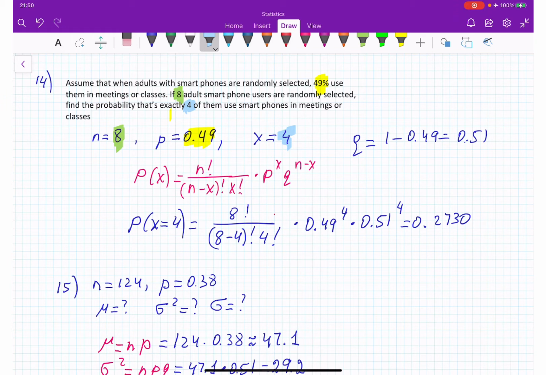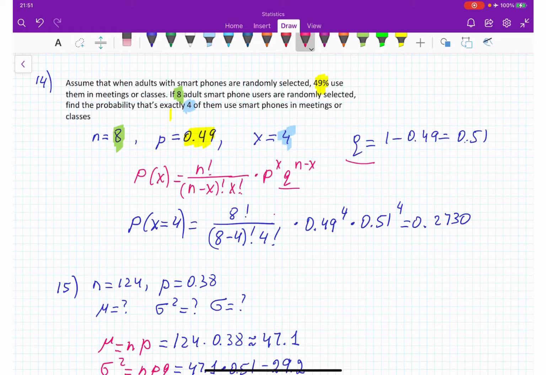Okay, so since the formula is P of x equals n factorial over n minus x factorial, and so on, we need q, right, to calculate. Therefore, q is equal to 1 minus the probability of success, which is equal to 0.51.